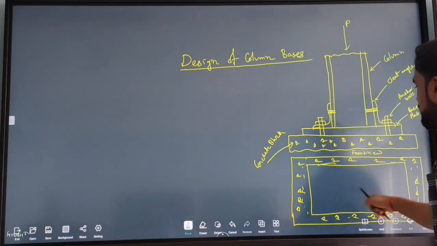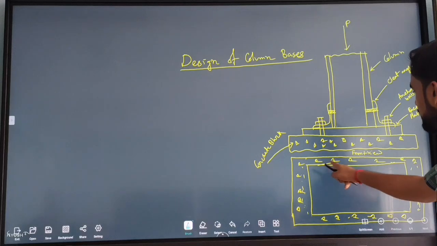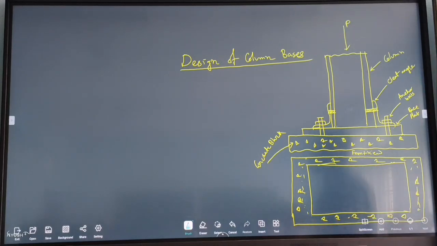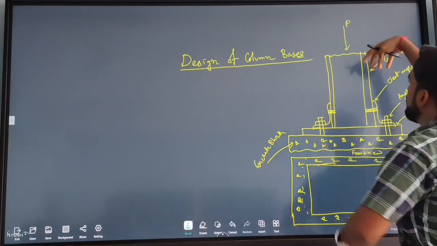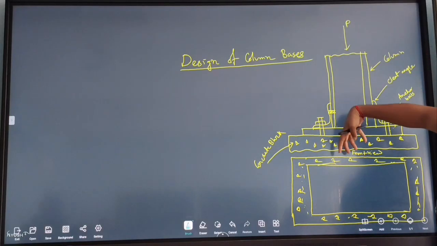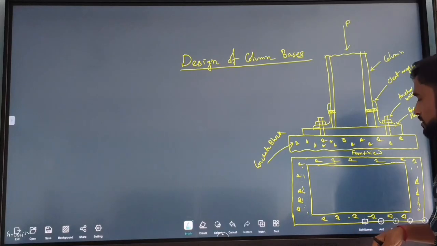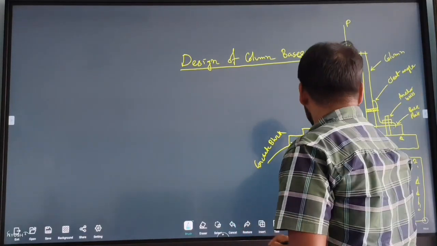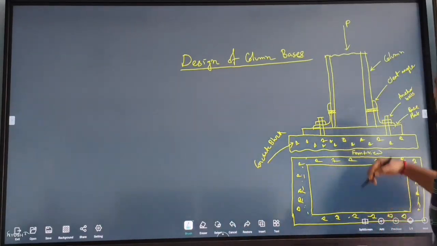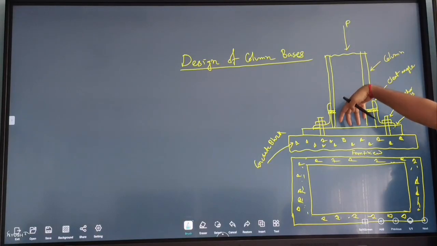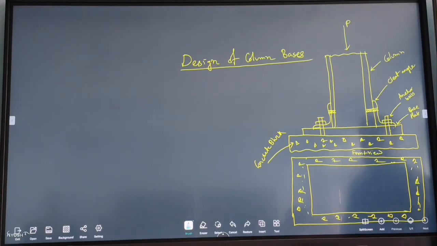And this portion is nothing but what? This portion is your base plate. Only this part you will see from the top, vertically from the top. Then this part is your base plate. And there will be the I section. You will see the I section projected here.